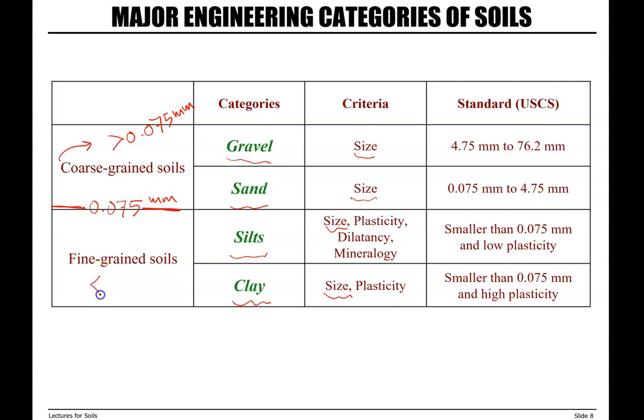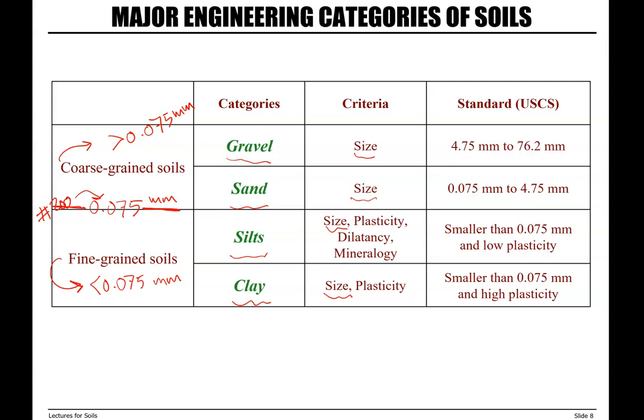Particles smaller than 0.075 millimeters are referred to as fine grain soil. This is sieve number 200. Sieve number 200 has an opening size of 0.075 millimeters.